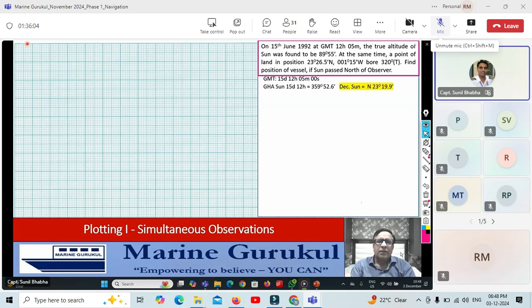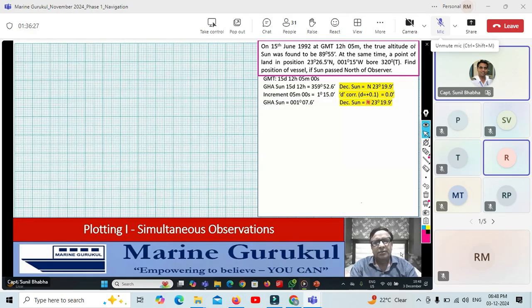To get the GP, we get the GHA of the sun, and we get its declination. So we have this as the GMT. From the almanac, we start getting the GHA and declination. Then we have the increment for GHA and correction for the declination. We get GHA of sun and we get declination of the sun. From here, what do we infer?